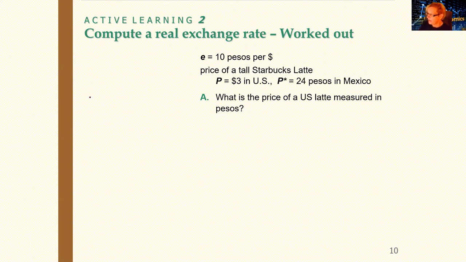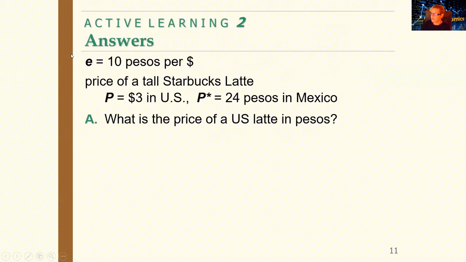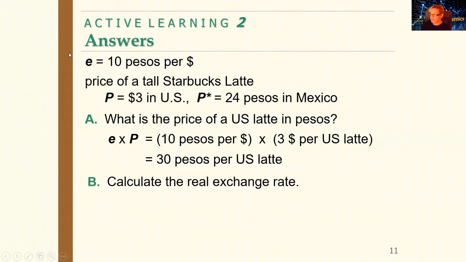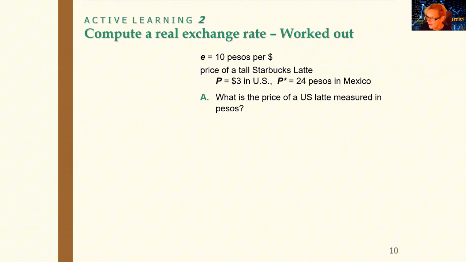So the price of a US latte measured in pesos. We want the exchange rate and then calculate. Okay, so what's the price of US lattes? It is 30 pesos per latte, just the 10 times the $3. So let me make sure I make that clear.